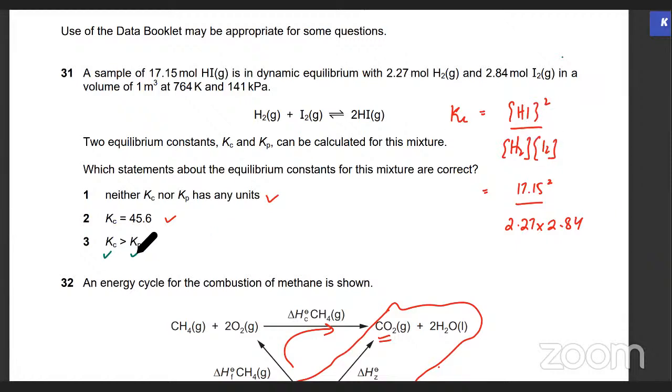For partial pressure, you have to find the mole fraction multiplied by the pressure, but the pressure part will also get cancelled out, because if the numerator and denominator terms are equal, they're going to get cancelled out. So remember, if there are no units and the numerator terms and the denominator terms are equal, then you can just calculate Kc and Kp by using moles directly. No need to find partial pressure, no need to find concentration. Is this clear?